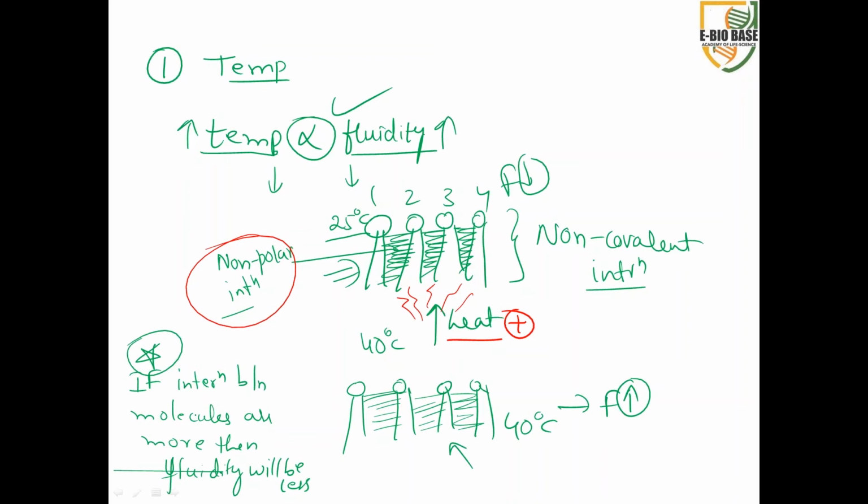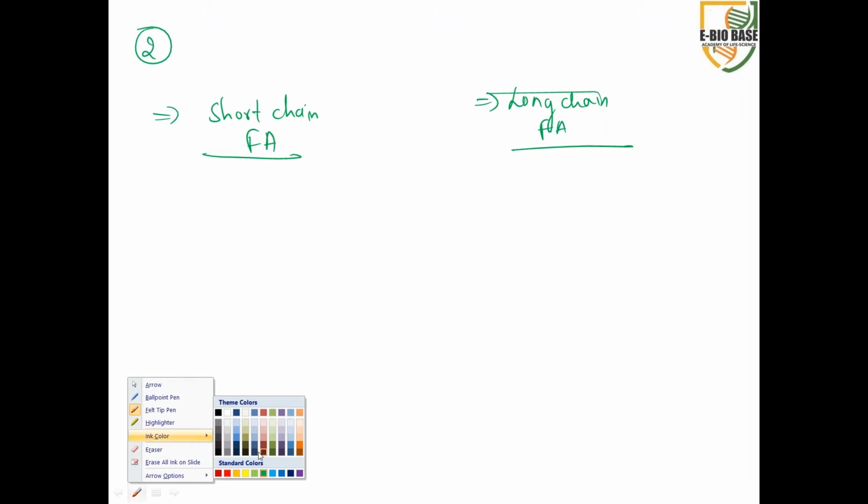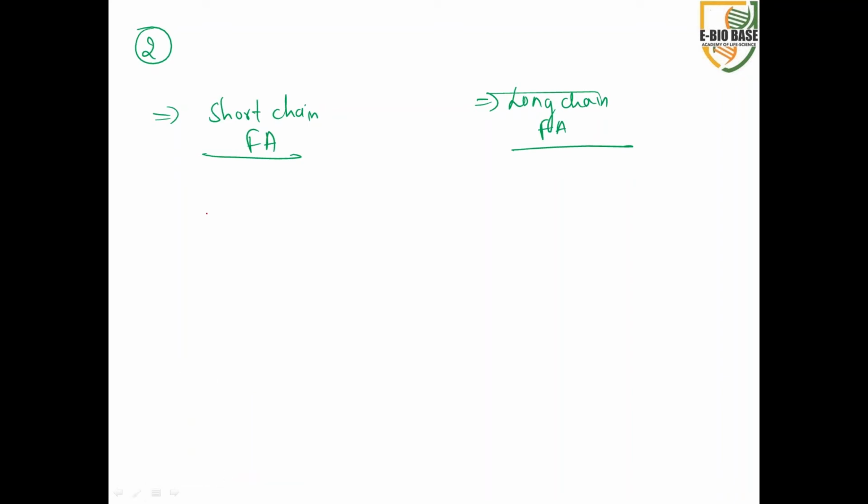Now, moving further, we'll speak about short chain and long chain fatty acids. Now, I'll just change the color so that it's easy to distinguish, right? Now, I have short chain fatty acids like this. I'll just write it like this. And long chain fatty acids, I'll just take black color. So these are long chain fatty acids.